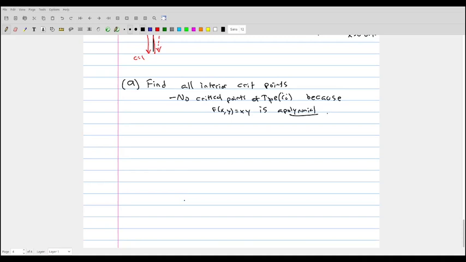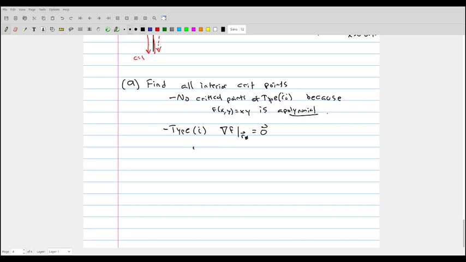So if there are any critical points, the only critical points that we expect are critical points of type 1, where the gradient of the function at that critical point is equal to the 0 vector.